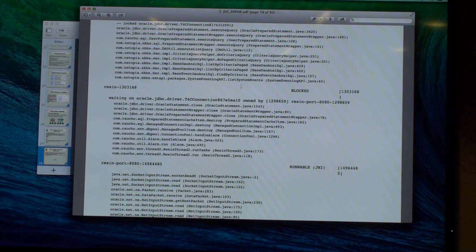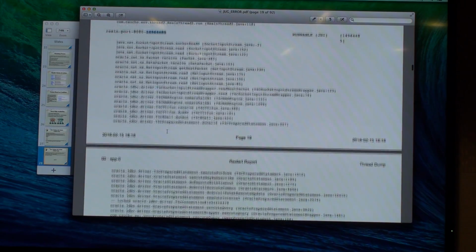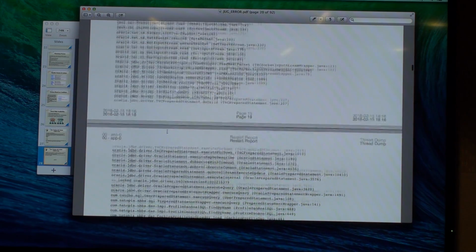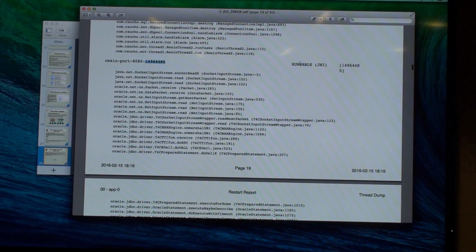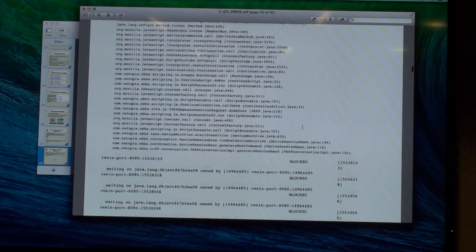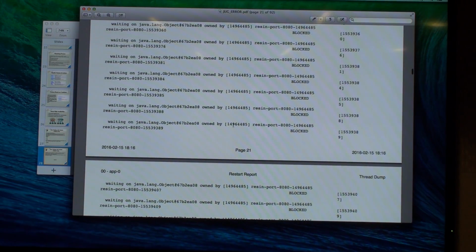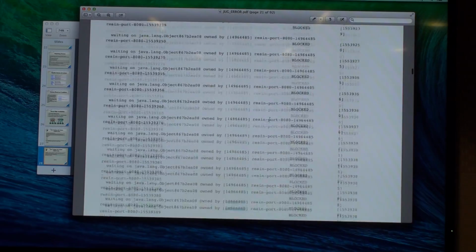They had this thread here blocked, and then they had this thread here, 149.644.85. And this is the last thread. It's runnable. Everything else is pretty much blocked, waiting on it. So all the other threads are blocked, and they're all waiting on that thread's stack trace.